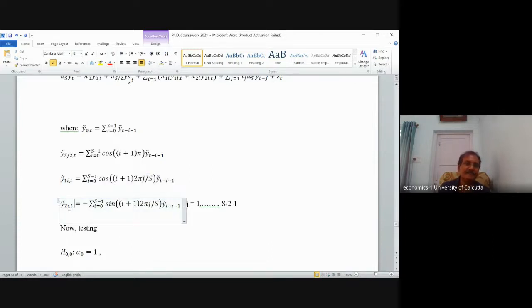Similarly y tilde twice it. Now, if you look at closely, y1 tilde it and y2 tilde it basically are the conjugates.